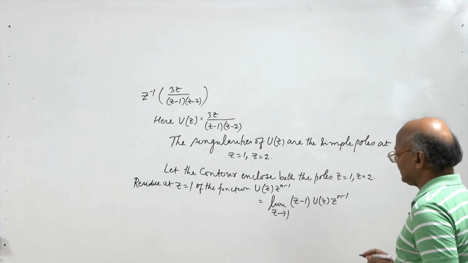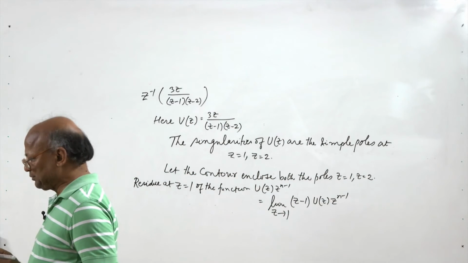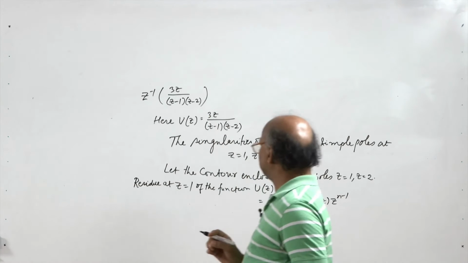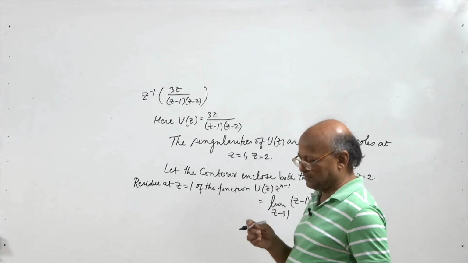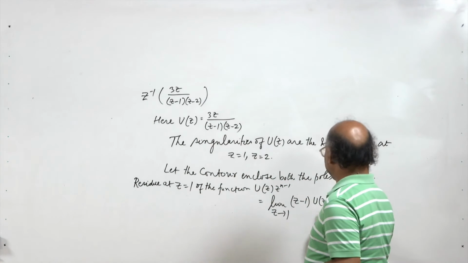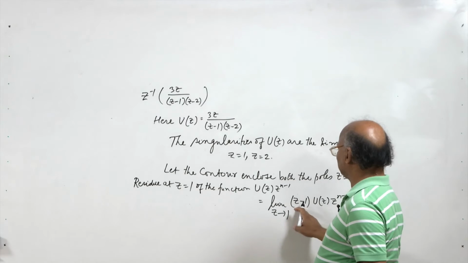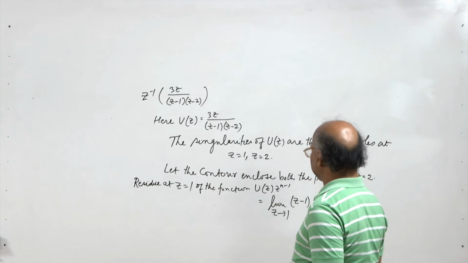We know that when the function f(z) in complex analysis has a simple pole at the point z equal to a and we want to determine the residue there, then we multiply f(z) by (z minus a) and take the limit as z tends to a.